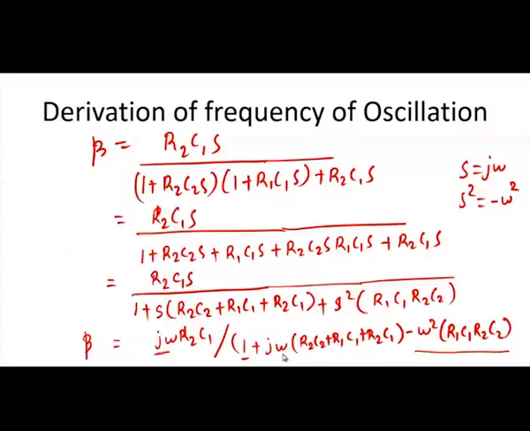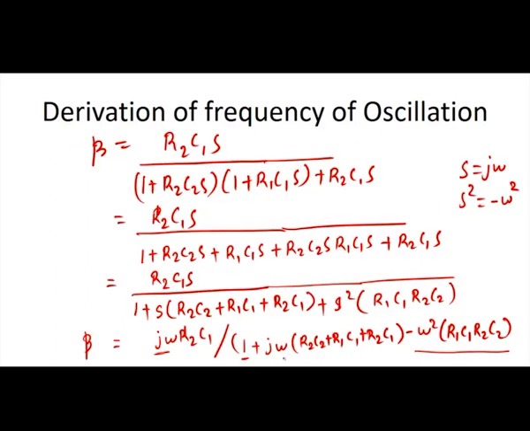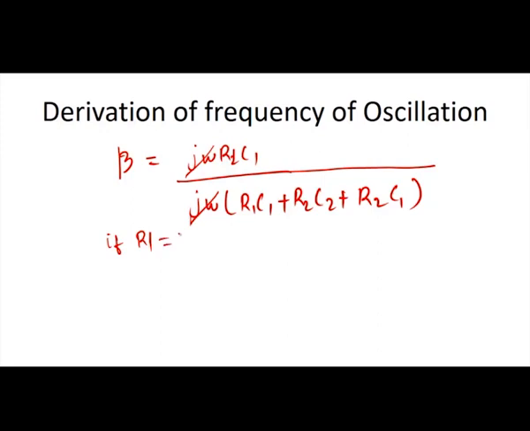So in the numerator you have j omega R2 C1, divided by, in the denominator, j omega times R1 C1 plus R2 C2 plus R2 C1. Now if you cancel out this j omega, then beta is real, and we have already assumed the resistors are all equal and the capacitors are all equal.